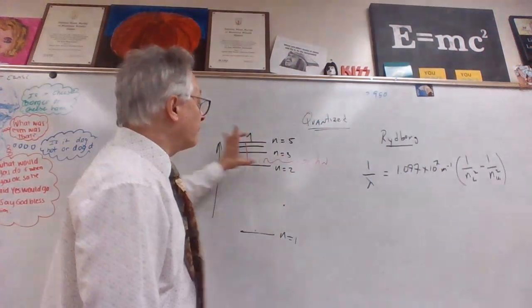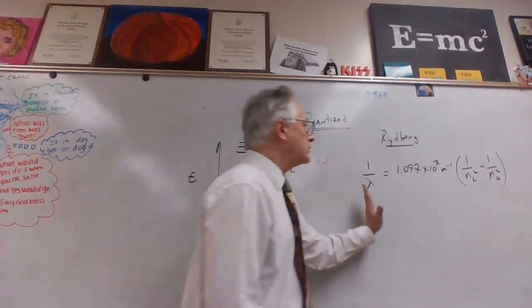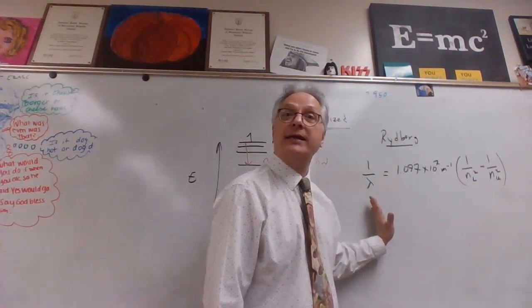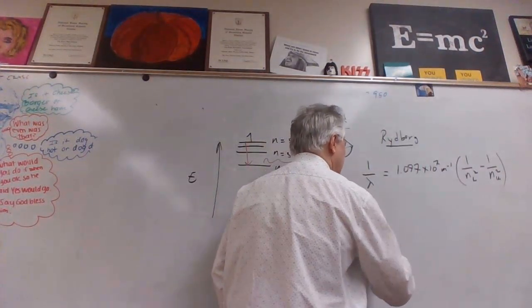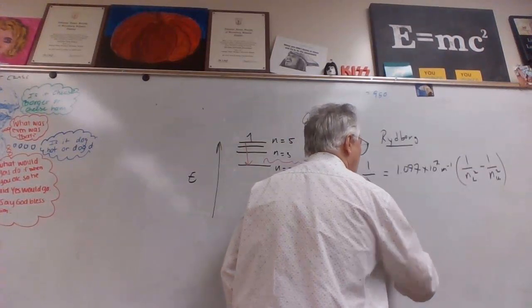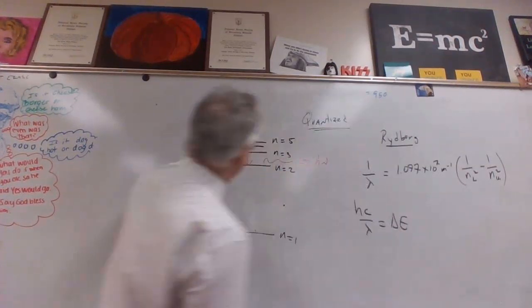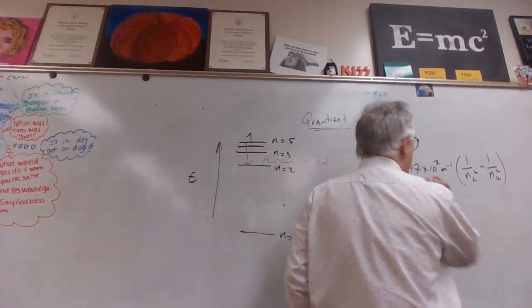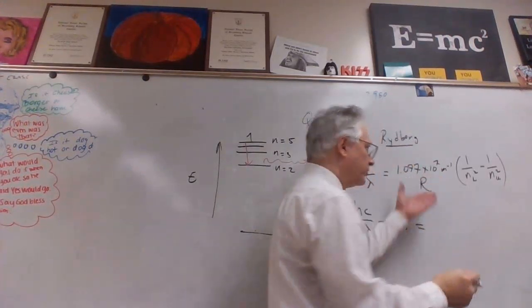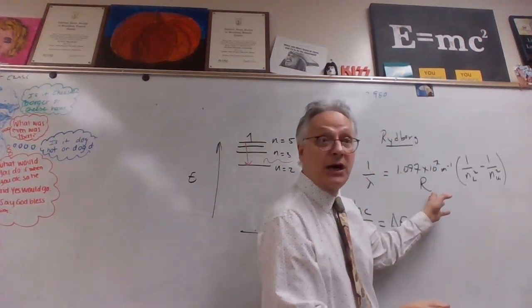We can get the difference between energy levels by multiplying both sides by h and c. Because hc over lambda is energy, and we'll call it delta energy, meaning the difference between energy levels. And that's going to be, I'm just going to call this constant R, so you know what it is, different than the gas constant.